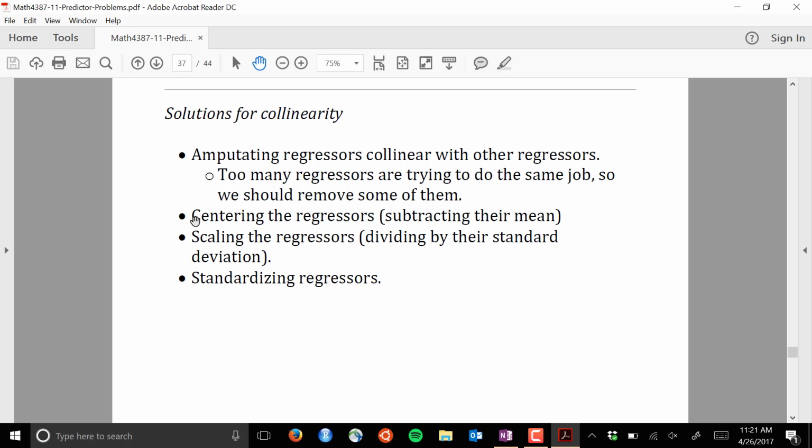So something else that you can do that sometimes helps is centering your regressors. And that means what you do is you take each regressor and you subtract the sample mean from each value. So this is a solution, for example, when you're fitting polynomial models.